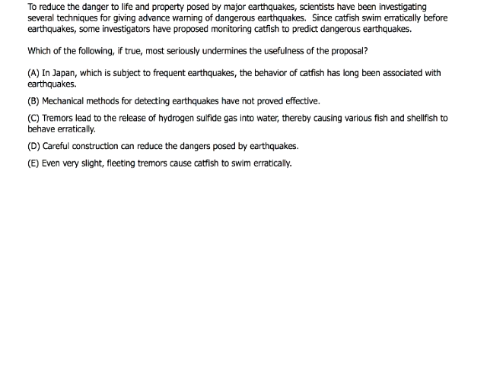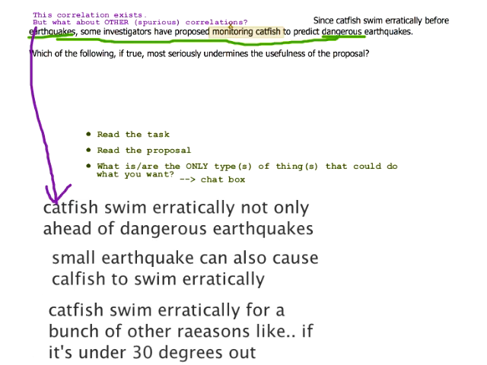You do have to know that the word tremor means the same thing as the ground shaking. Tremor is earthquake, basically. You have to know that. Okay. So remember what we came up with. There has to be some other correlation that obscures the correlation between erratic swimming and big dangerous earthquakes. So there could be other not so dangerous earthquakes, or it could be random factors.